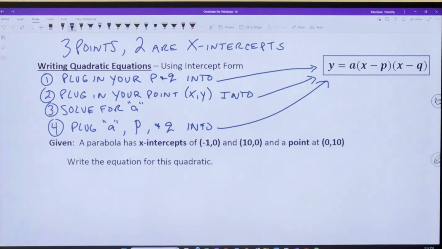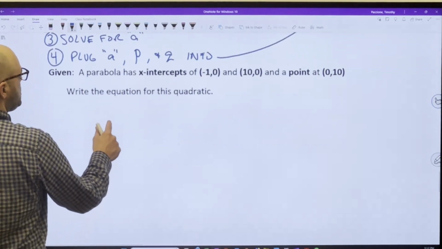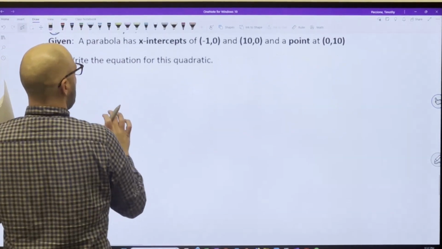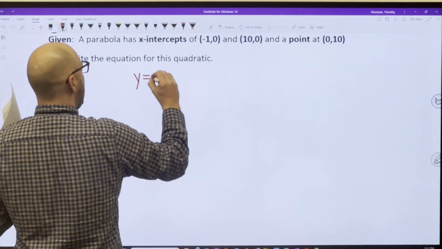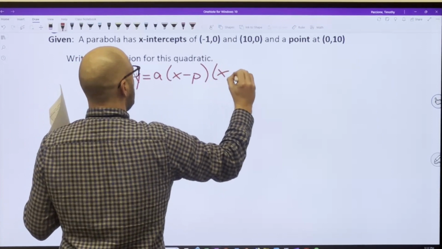Your first example says a parabola has x-intercepts of (-1, 0) and (10, 0), and a point at (0, 10). Write the equation. Okay? So, again, we start with y equals a times (x minus p)(x minus q).